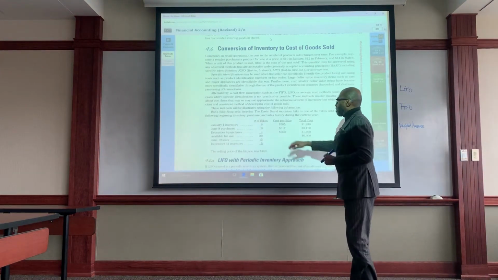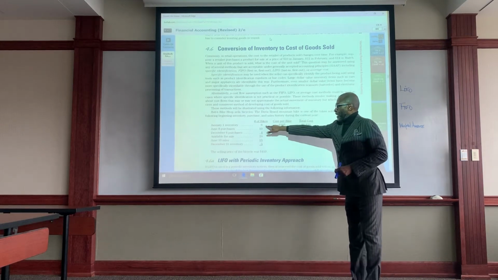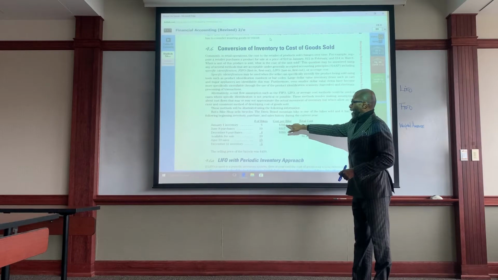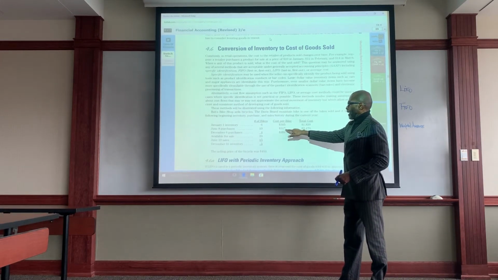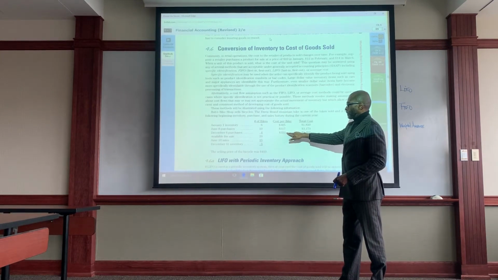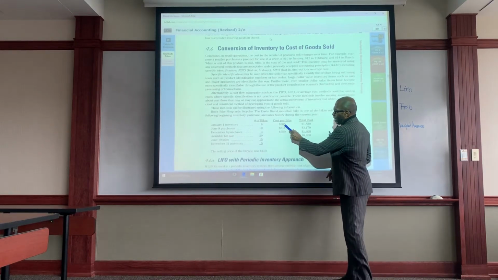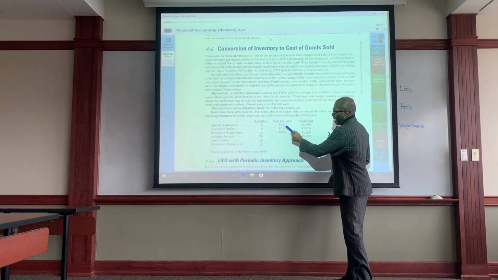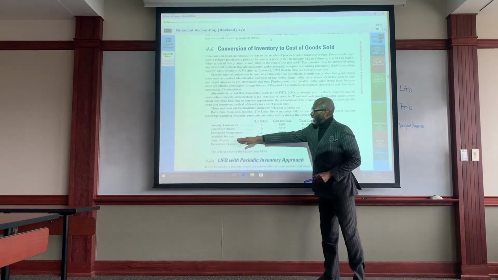Each time Bob bought a bike, these were his costs. In beginning inventory, it cost $305. His purchase on June 8th cost $317. His purchase on December 6th cost $350. Stop right here. Now we see that the costs are rising every time Bob buys a series of bikes. But let's look at this.